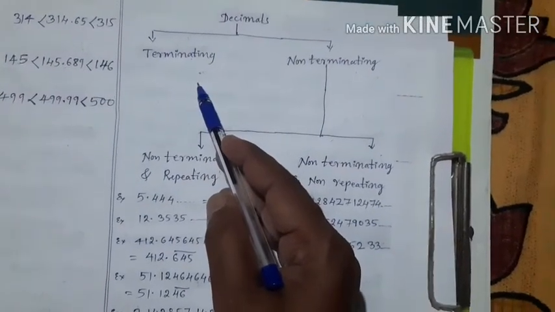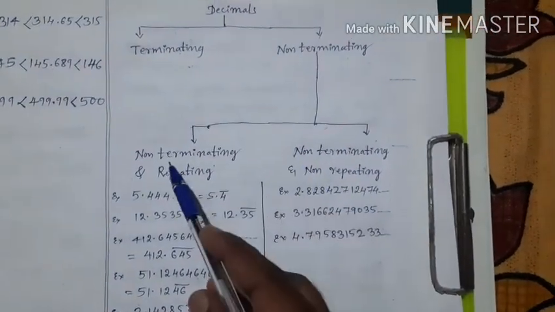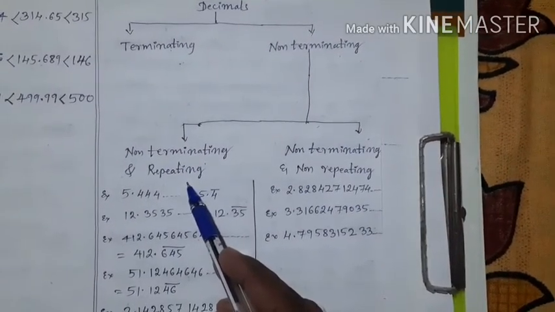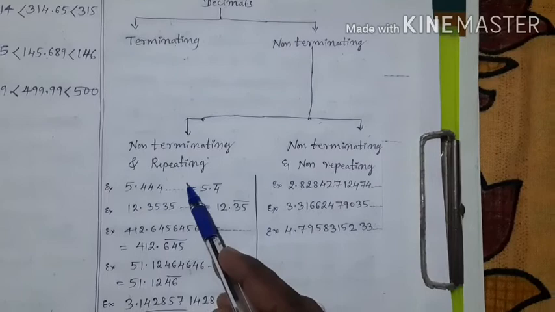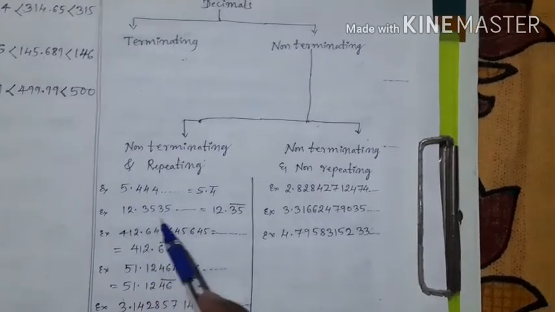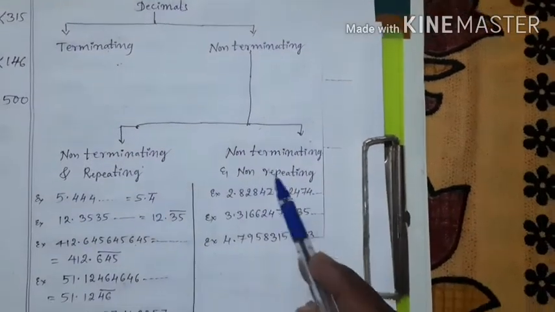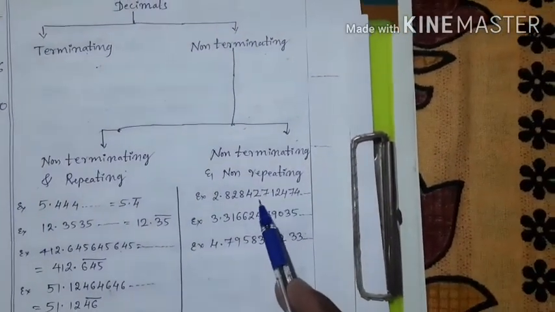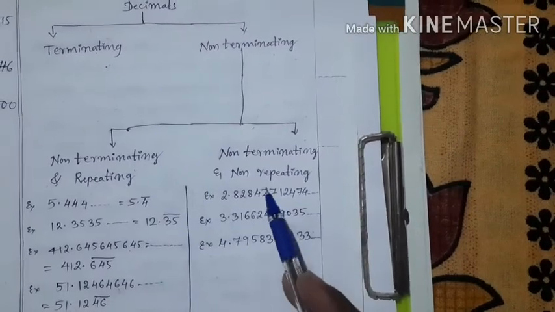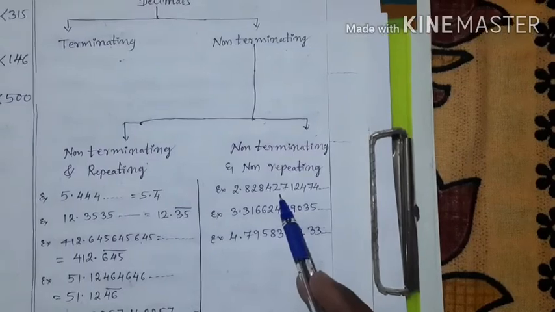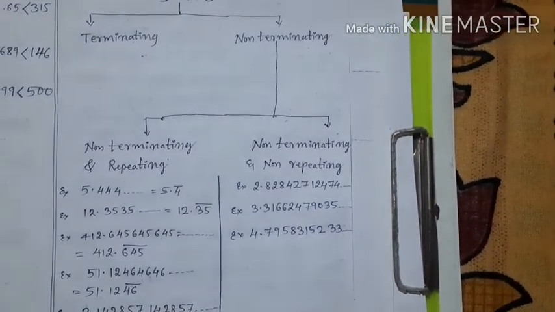How, we will see later. And non-terminating and repeating decimals also are examples for rational numbers because these can also be written in the form of p by q. But non-terminating and non-repeating decimals are examples for irrational numbers because they cannot be written in the form of p by q. Is it clear to you? Okay.